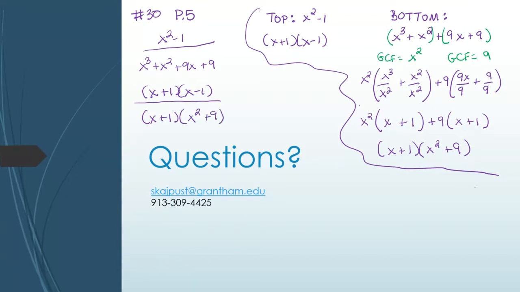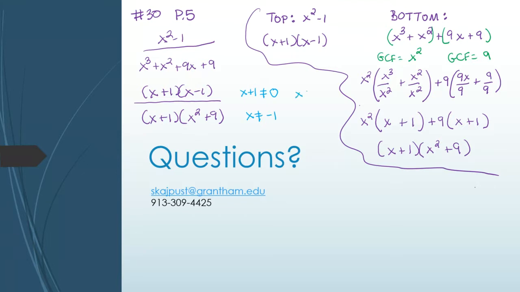So the domain comes from the denominator, and we have 2 pieces here. So I know that x plus 1 cannot equal 0. And that means if I plug in negative 1, that makes it 0. So x cannot be negative 1.